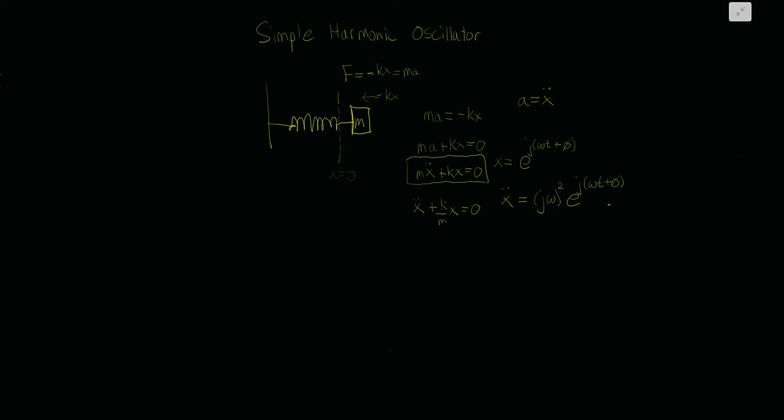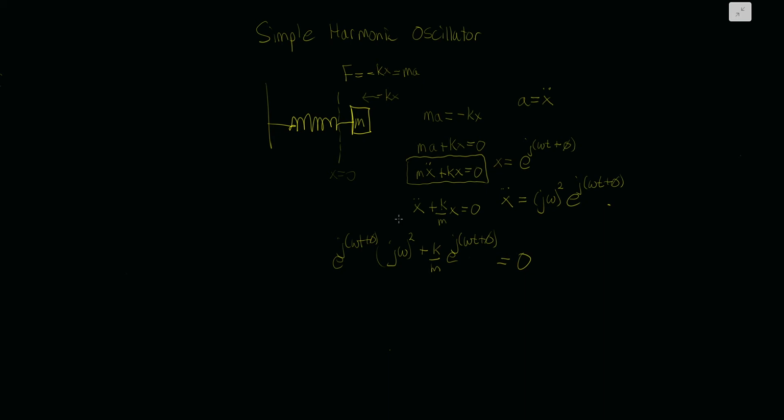And if we plug this all in, we end up with j omega squared plus k over m, I forgot the exponential, e to the j omega t plus phi, times j omega squared plus k over m, e to the j omega t plus phi, is all equal to 0.